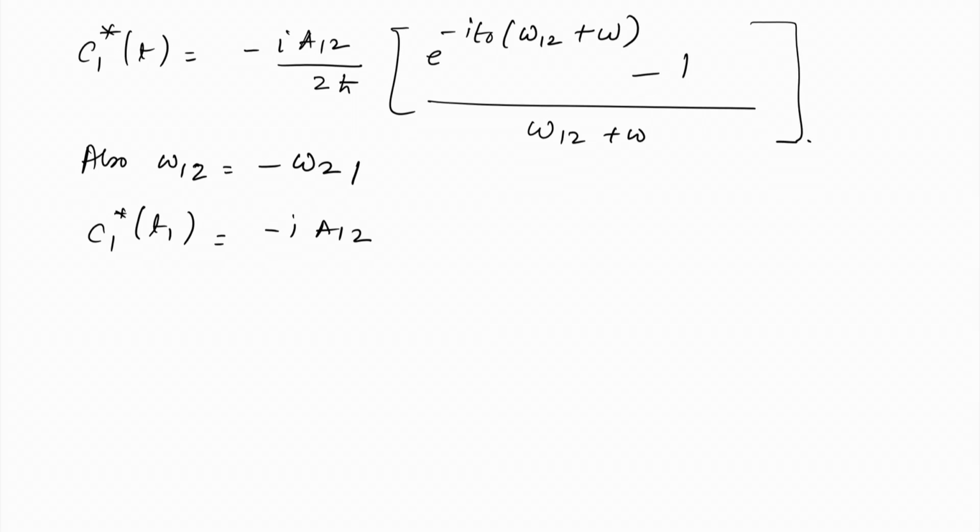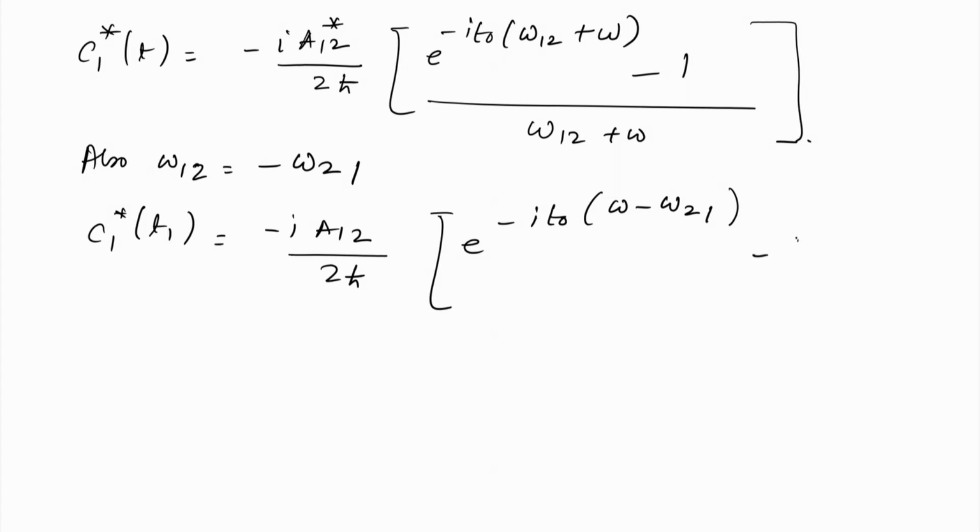Knowing that these are Hermitian, we can change it: 2 h cross exponential minus i t naught omega minus omega 2 1, minus 1, divided by omega minus omega 2 1.